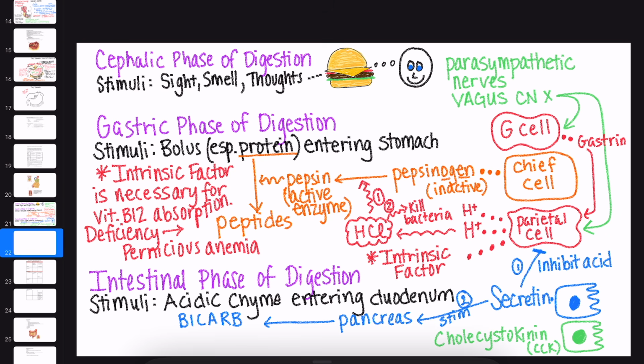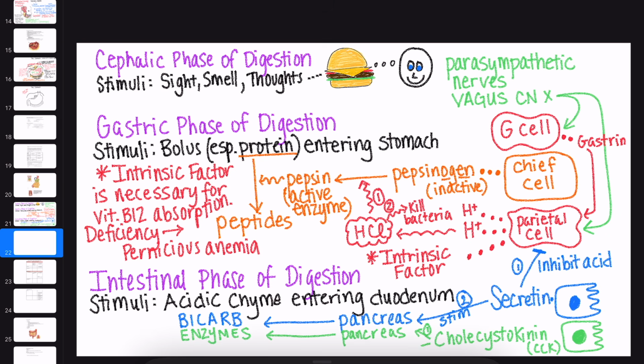Isn't that easier, calling it that? And it also has two jobs. One of its jobs is to also affect the pancreas, but instead of having the pancreas make the baking soda bicarbonate, it actually causes it to release all of its important digestive enzymes that can break down carbohydrates, proteins, and fats. So that's going to be one important job.